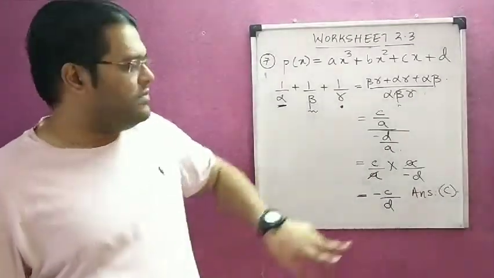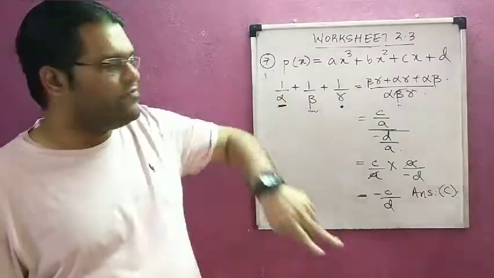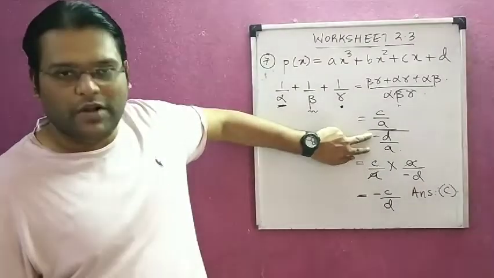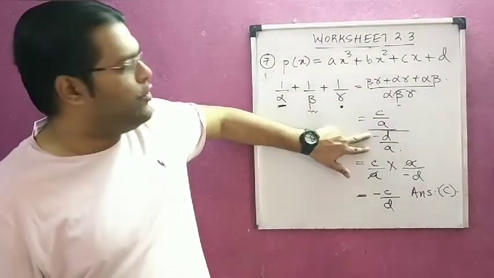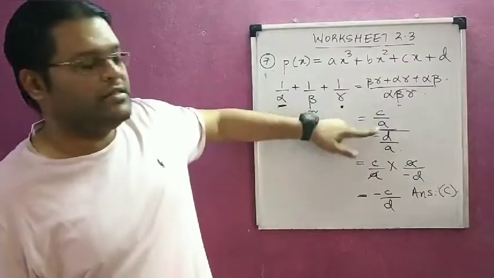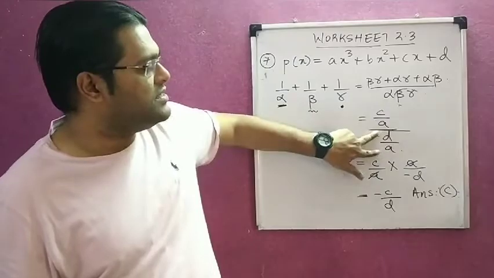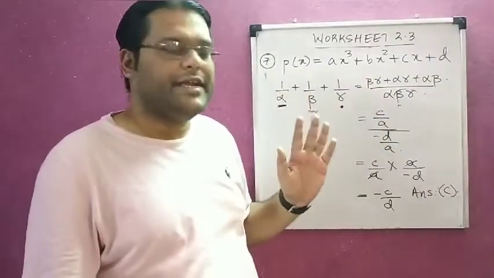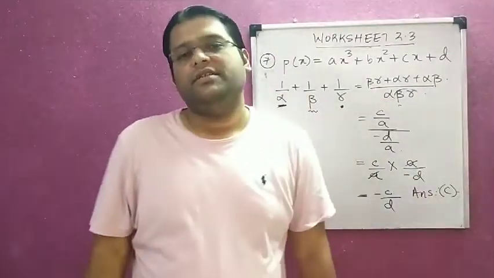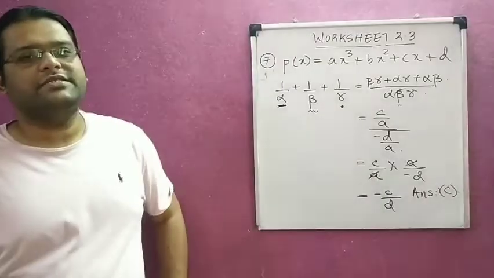Right? When I am going to multiply, I am going to write the reciprocal. That means A will go in the numerator, D will come in the denominator. Please verify your answer. If incorrect, please make the necessary correction.